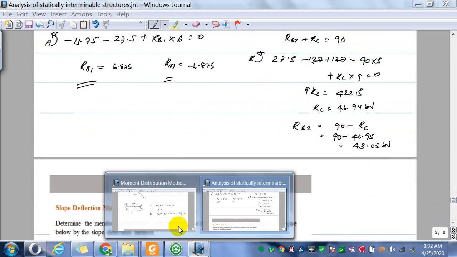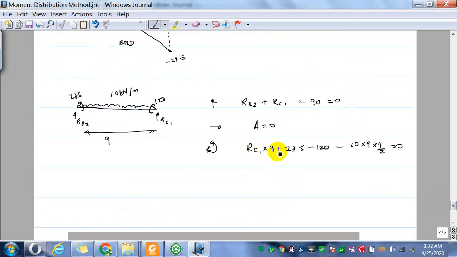So here for RC1, this is the correct equation: RC1 into 9, 27.5 minus 120, that is the moment here, minus 10 into 9 by 2.